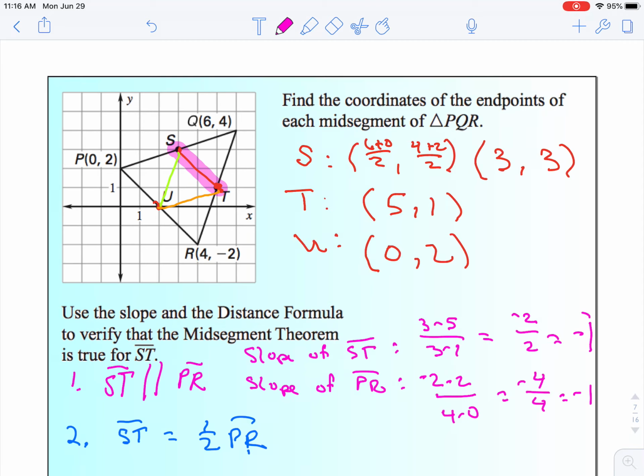So what I have shown is that the slopes right here are the same. So slopes are the same. So the lines are parallel.